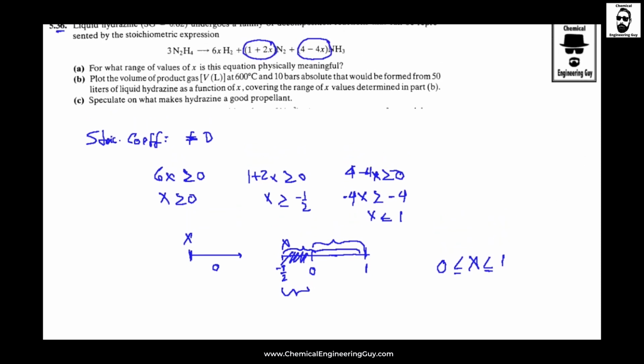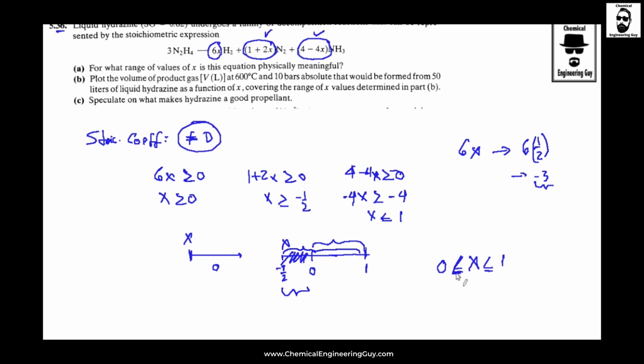If you use minus 1/2, you will see that it is not possible for 6x, because 6x would be negative, you will get minus 3. Maybe the other coefficients are okay, but for 6x it is not okay. You cannot have negative coefficients, so I'm not going to choose that. And they tell you you can use 0, but essentially you cannot, because you cannot have 0 coefficients.